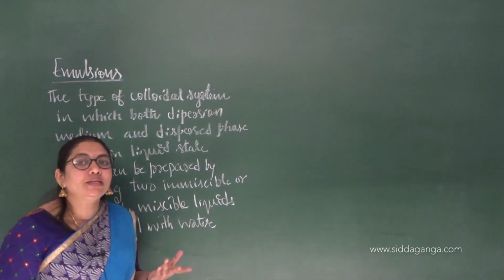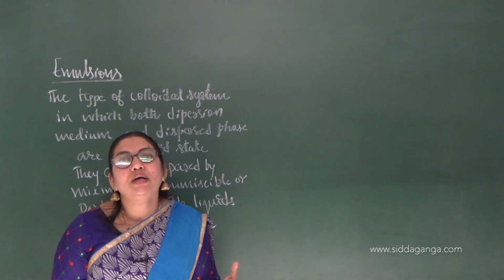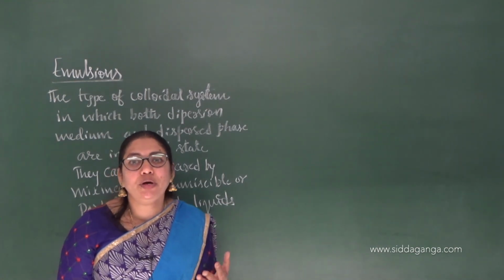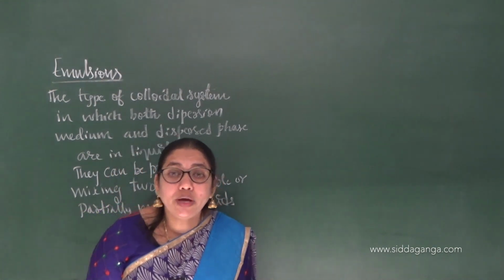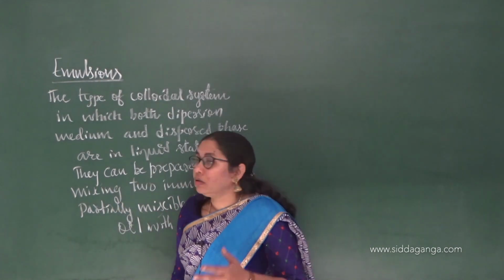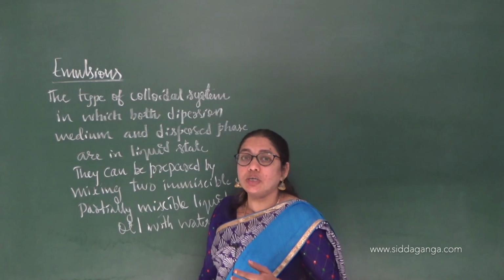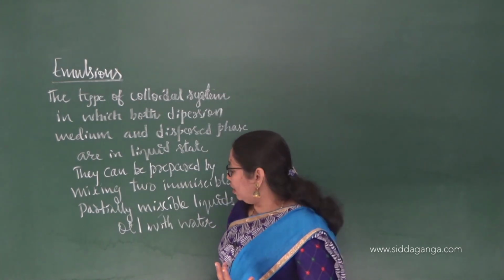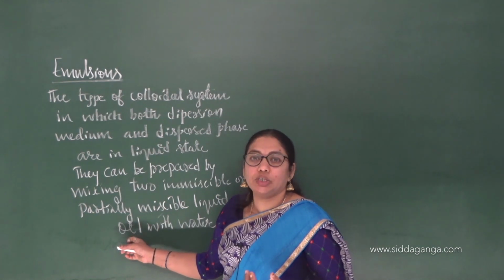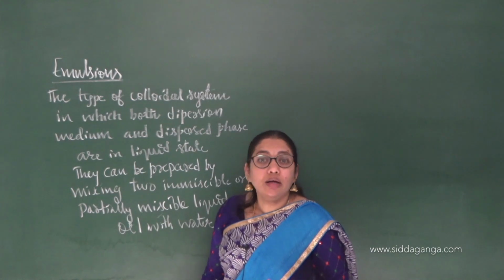But if you take, for example, a small amount of NaCl and add it to water, you cannot easily distinguish between the salt and the water. In the case of an emulsion, you can easily distinguish between the two liquids which were mixed during preparation. That is nothing but the emulsions.